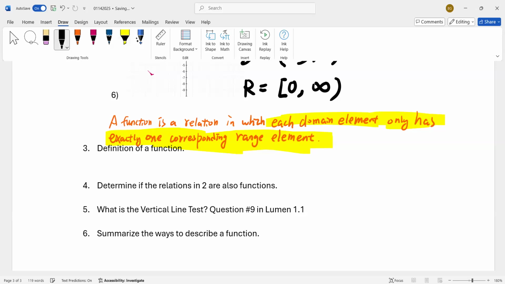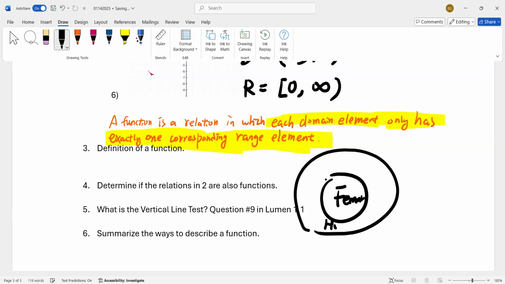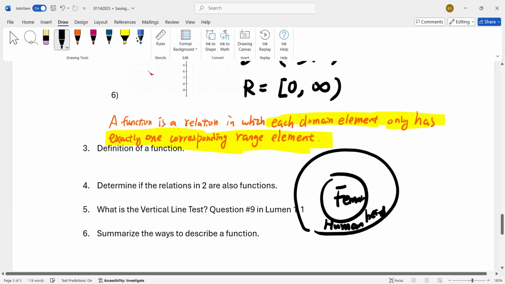Firstly, write this down. I can help you understand the connection between function and relation. So let's say this is female. This is human being. As you can see, all the females are a subset of all the human beings, right?